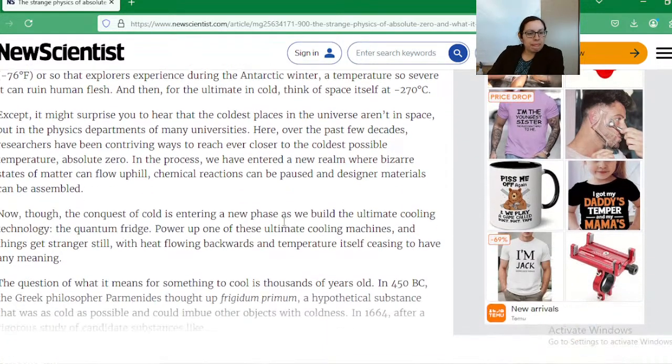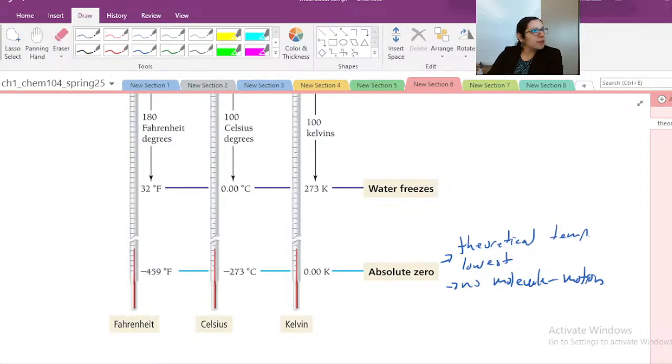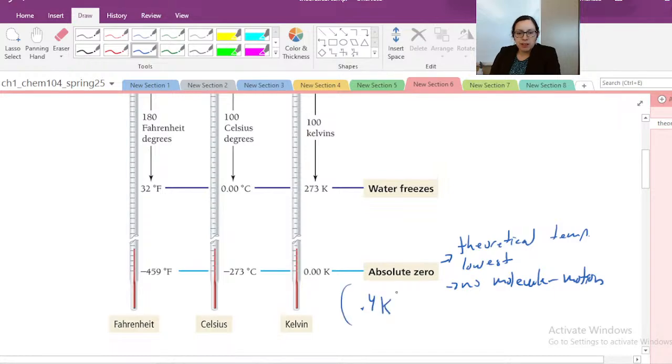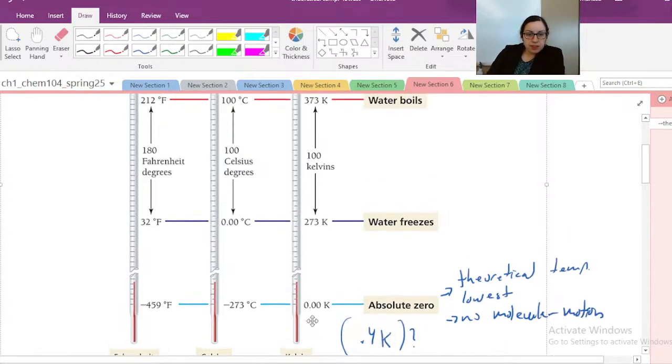And in some other articles I was reading, I'll have to find better ones, they were basically shooting lasers at the molecule to stop the vibrational movements, and that's how they were getting it close to absolute zero. I think they've only gotten to about 0.4 Kelvin as the coldest, if memory serves me. So good, that's our Kelvin scale.